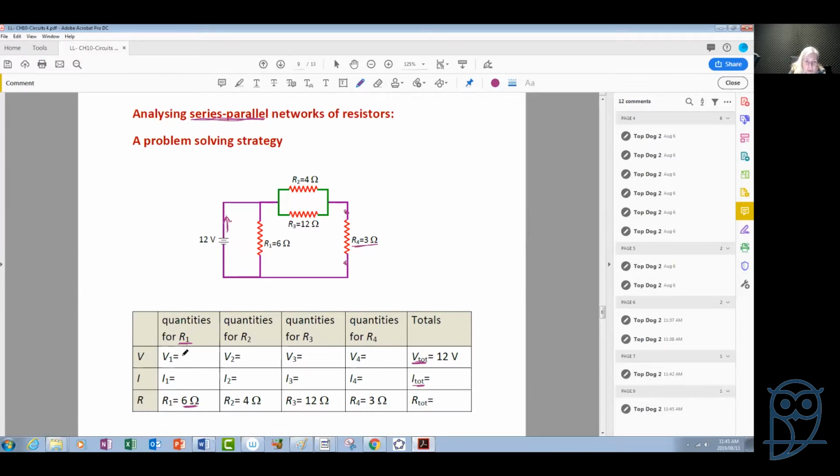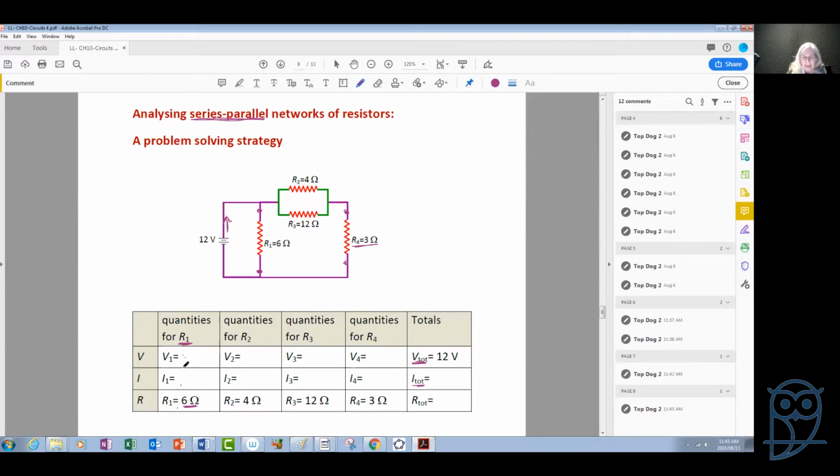It has a voltage, a current and a resistance. Each column has the same parameters here: voltage, current, resistance. The voltage means the voltage across the resistance of R1, 6 ohms. In other words, the voltage and the current correspond to the resistor R1 only.